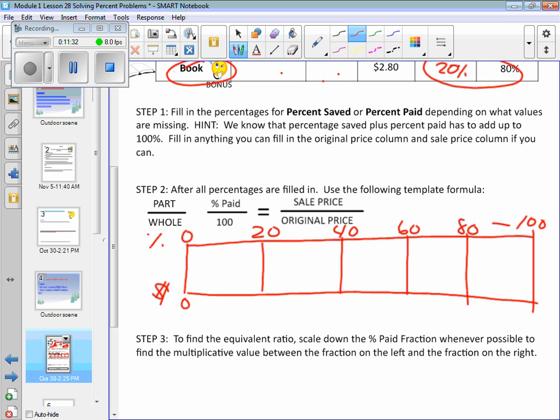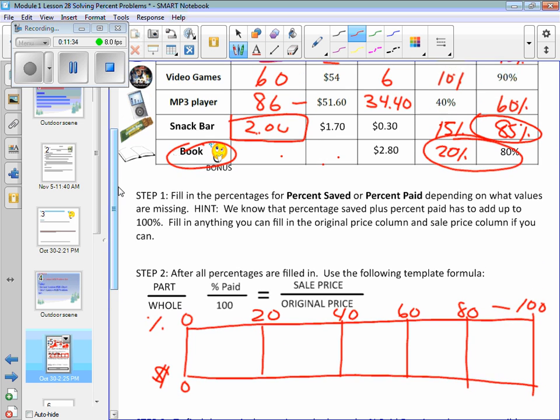They said, okay, I know that 20% is my discount. So my 20% of the whole is $2.80. Because this, 280, is 280 out of the whole original amount. So 20% out of 100 is the same as 280 out of the amount that I'm trying to find.